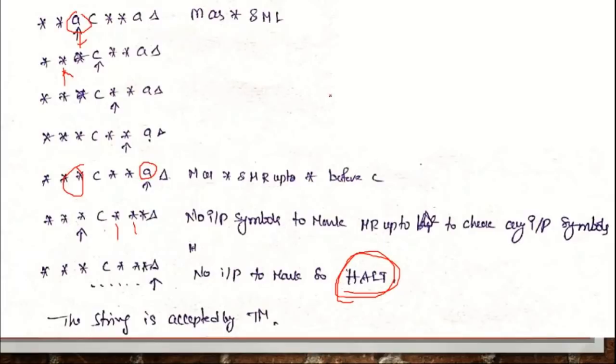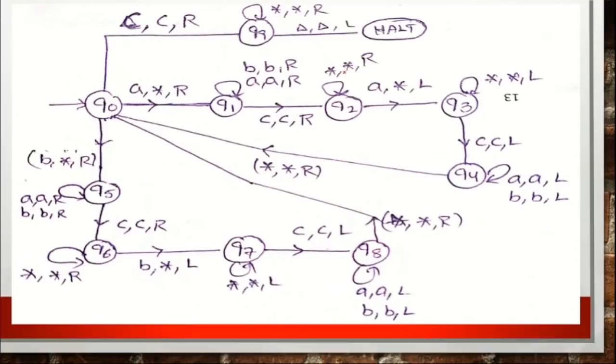Moving left, we read star as the input. After C we read star as the input. So when we read star as the input, then move right. Again we check the input symbol, mark it as star, and then move right. So this is the process. So now we construct the Turing machine.